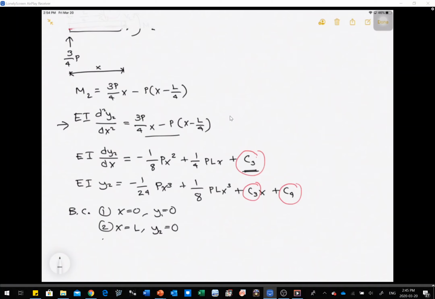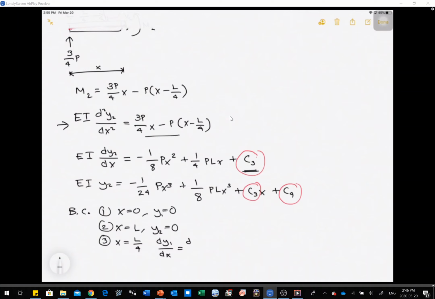And then I'm going to use a third boundary condition, which is at x is equal to L over 4. That's the location of your P. That's the critical position wherein you may or may not include your P when you cut your beam. And we assume that at that specific point, the slope of your beam on the left side and on the right side is actually equal.